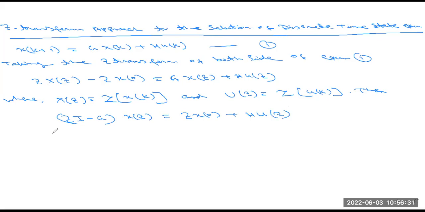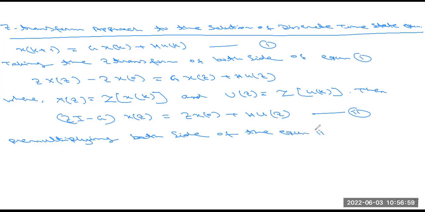Okay. Now we multiply both sides of this equation number 2 by (zI minus G) inverse. So this is basically pre-multiplying equation 2 by (zI minus G) inverse.